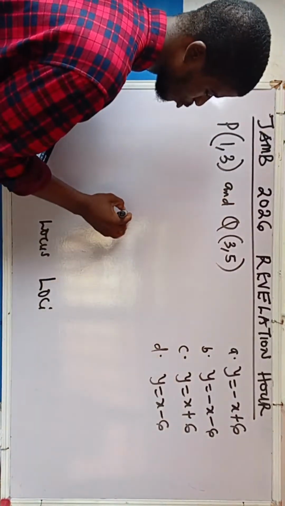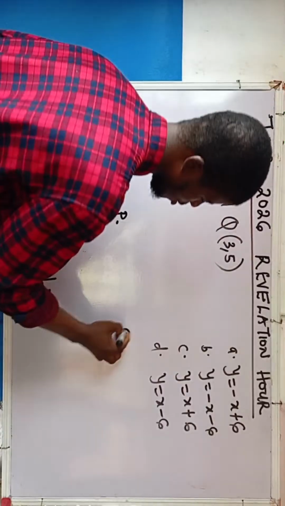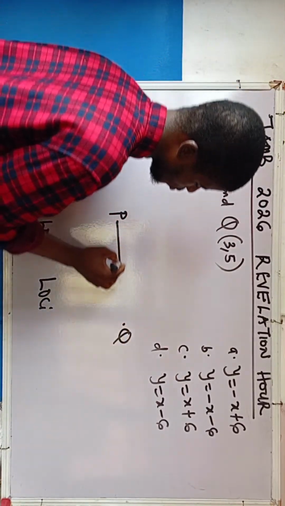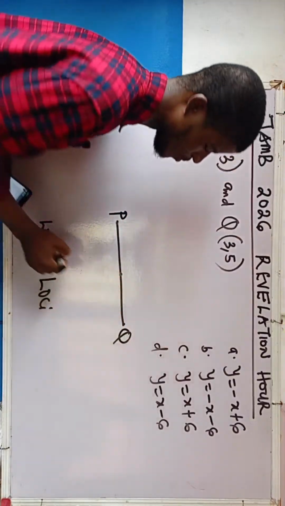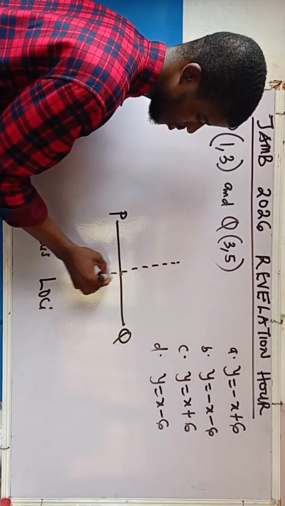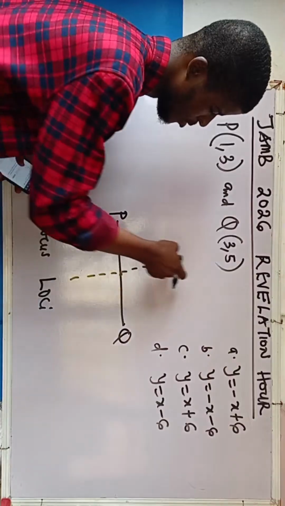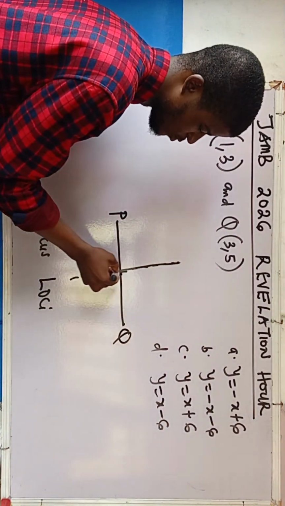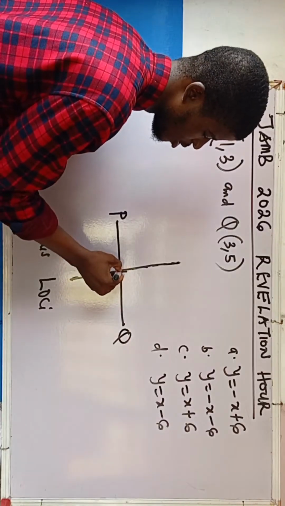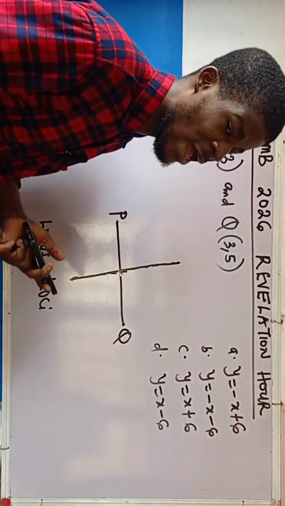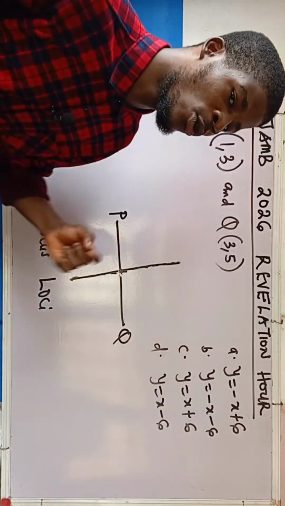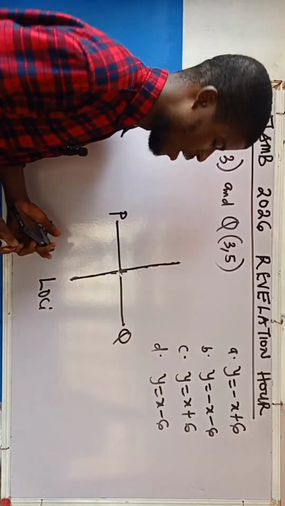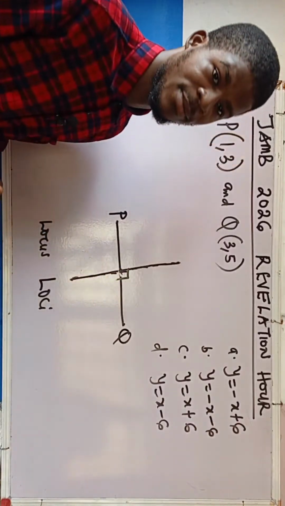So if I have 2 points P and Q, and a point is going to move such that it must always be at the middle, it is going to move like this. Locus means the set of all points which move according to a specified direction. So the locus is a line that bisects these 2 points into 2 at an angle of 90 degrees.